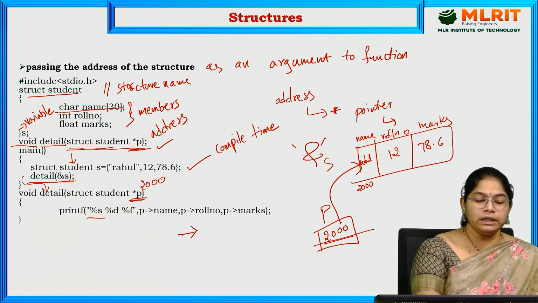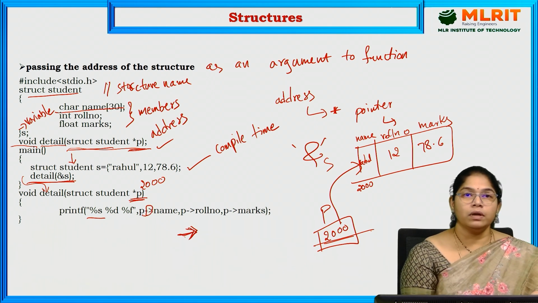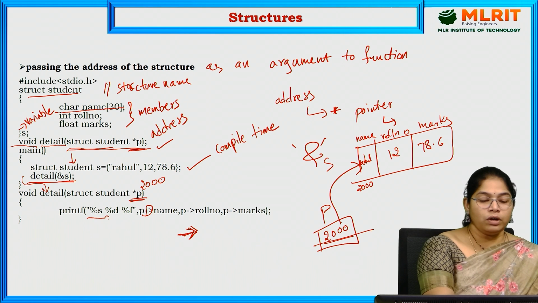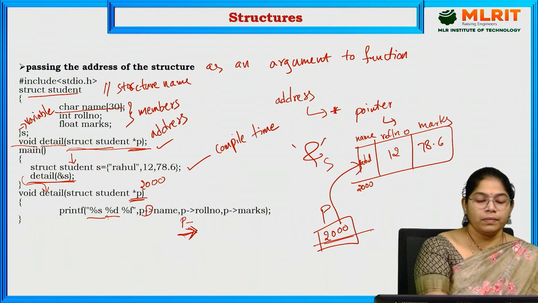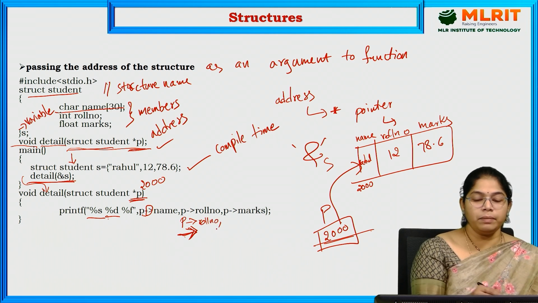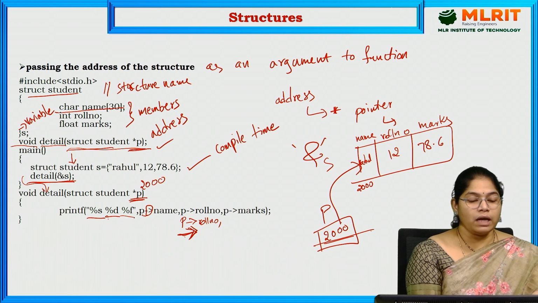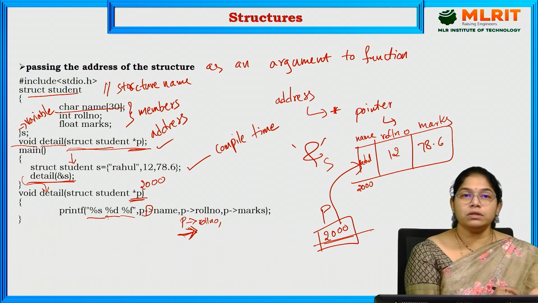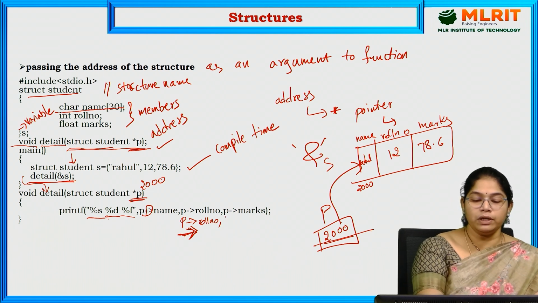So p arrow name. Then roll number is of type integer, so %d. p is a pointer, arrow is the access operator, and roll number is the member. Then %f, because marks is of float data type. Then I am accessing that member using a pointer.